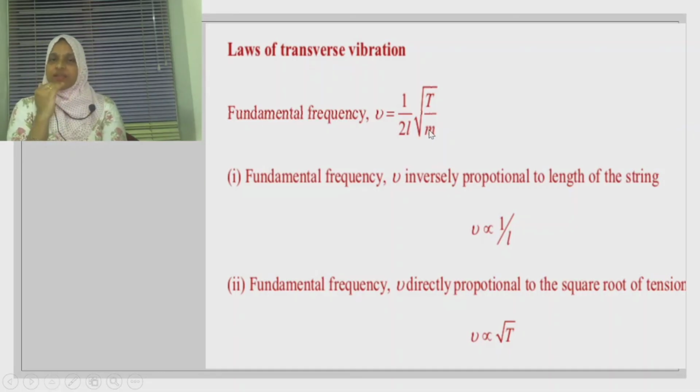That is, if you keep the length of the string and linear density constant, then the fundamental frequency nu will be directly proportional to root of T. Frequency will be directly proportional to the square root of tension if length and linear density are kept constant. That is the second law of vibration.